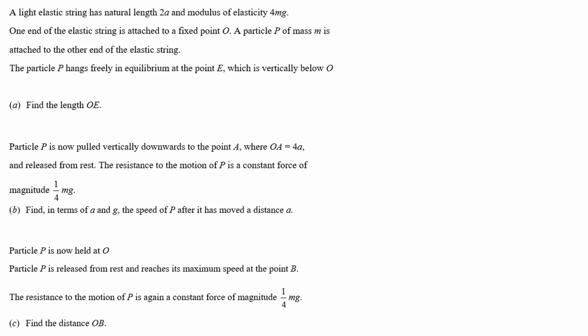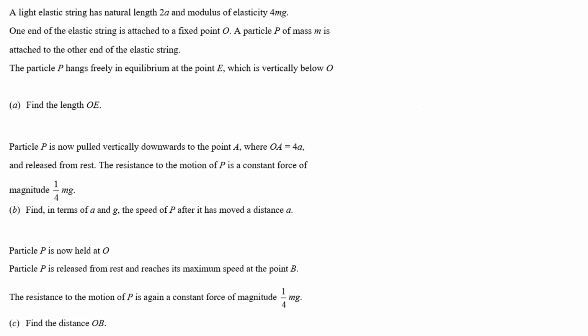Then it says particle P is pulled down vertically downwards towards point A. So OA is equal to 4a. That means the natural length was 2a, so the extension is 2a as well. And the resistance to motion has a constant force of that.